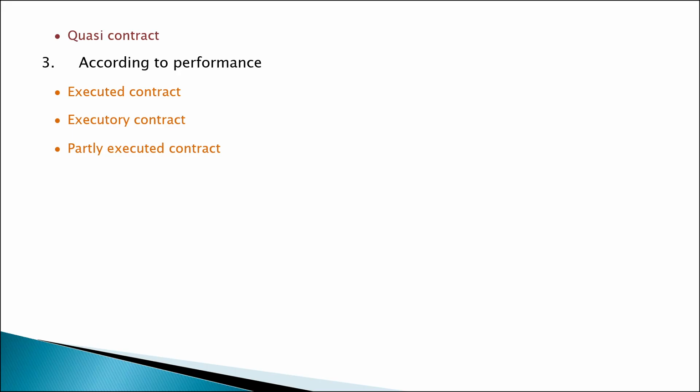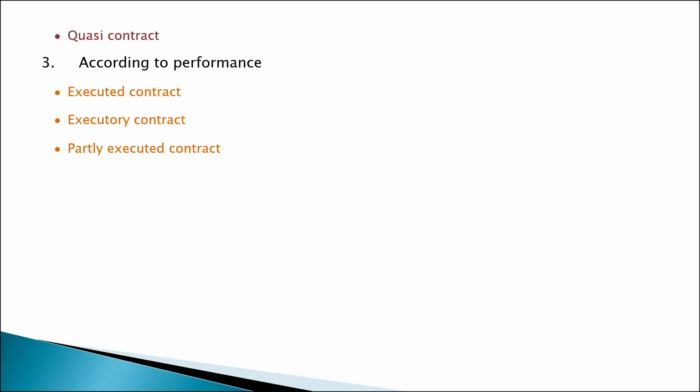The contract is an executory contract until L hands over the watch to M and M pays the agreed amount. The last one is partly executed contract. It is a contract in which one party has already fulfilled his obligation and the other is yet to fulfill his obligation.